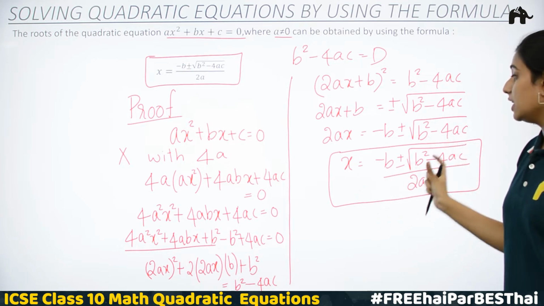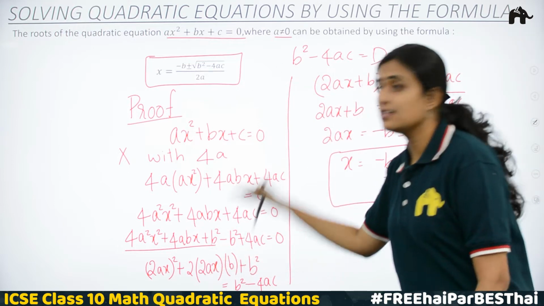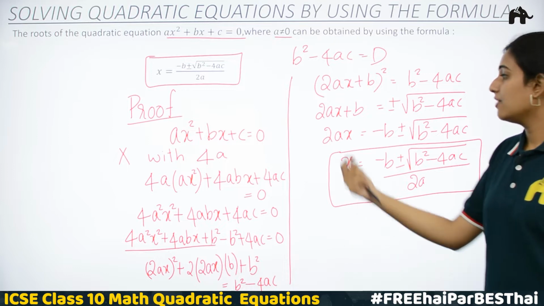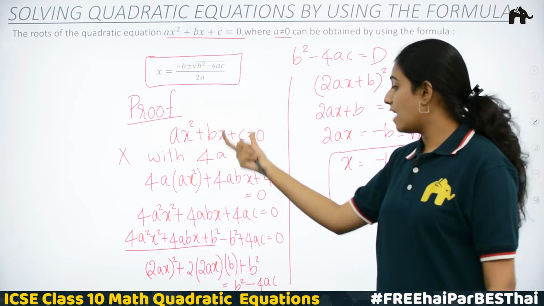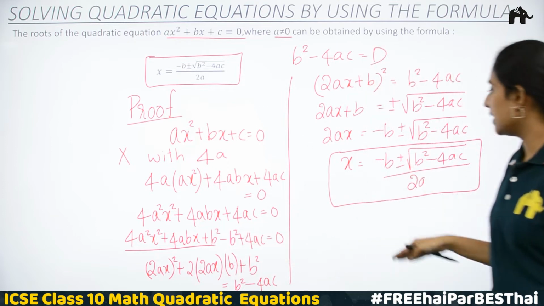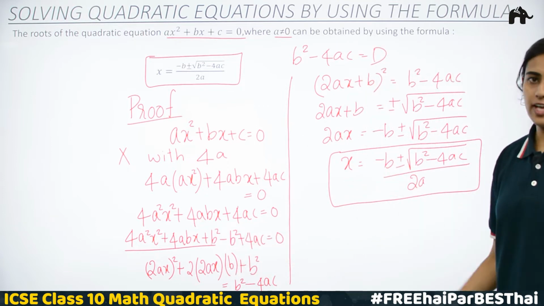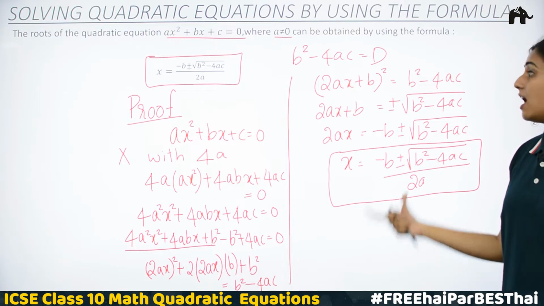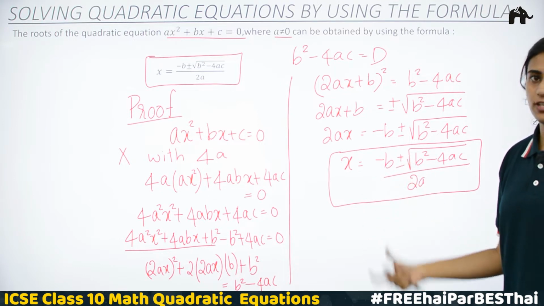You just need to understand how we are getting this quadratic formula from the quadratic equation. We have multiplied with 4a. After that, we are adding and subtracting b square, making rearrangements and getting this value of x. Clear? Let's solve some examples to understand how to use this formula to solve questions.